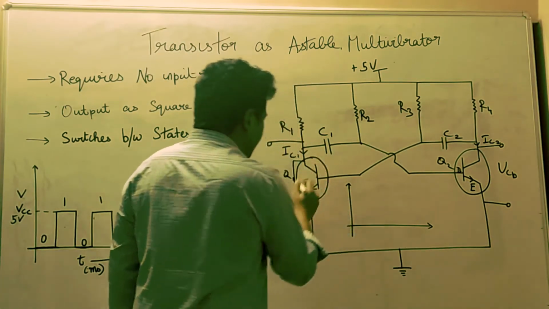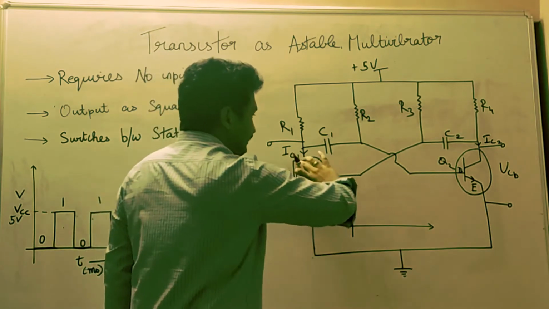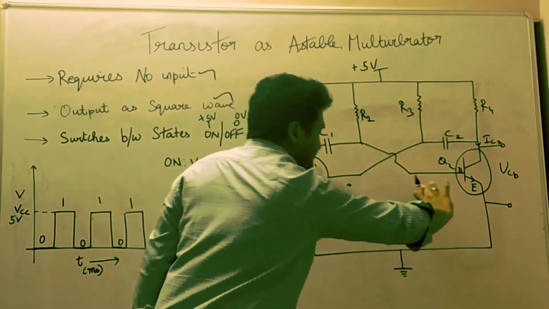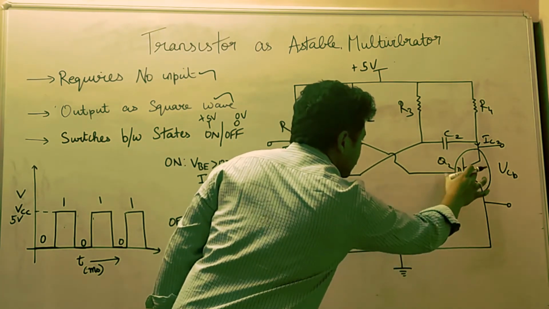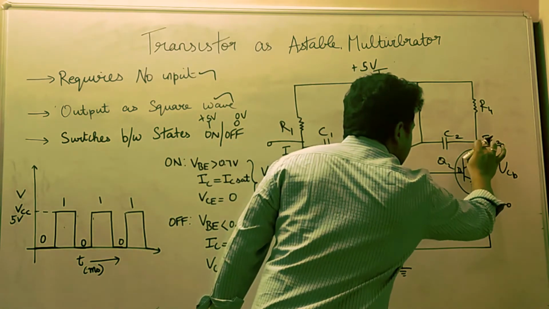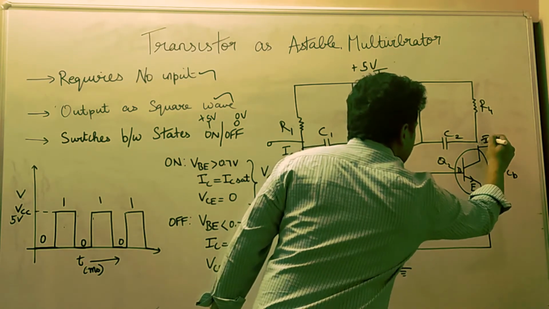How does it go off? This VCA is realized as 0 here, and it automatically acts as the supply for this base emitter junction. So this transistor goes to the off condition. This becomes an open circuit because IC2 is 0.